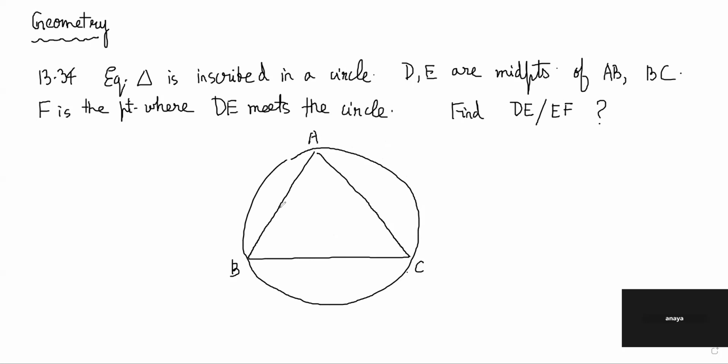D and E are midpoints of AB and BC, and the line DE meets the circle at F, let's say, and let's say this is G. We have to find DE by EF.